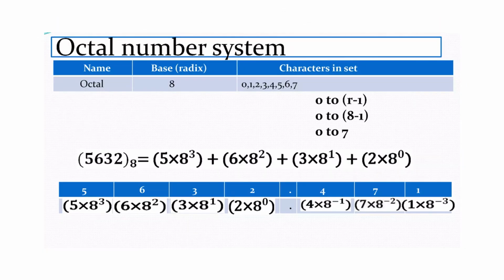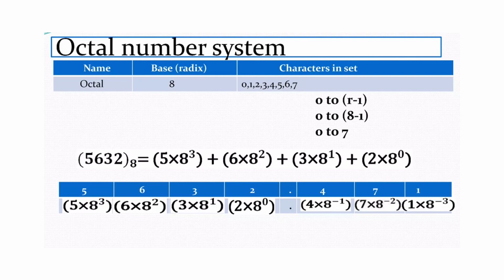So next one will be octal number representation. Generally, octal has the base of 8, which is the radix. Here the characters in the set are 0 to 7. As per the usual formula, 0 to r minus 1, where r is 8, so 8 minus 1 is 7. So the total set of characters is 0 to 7.